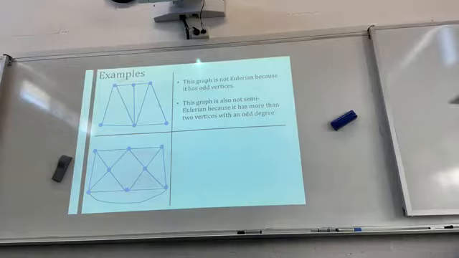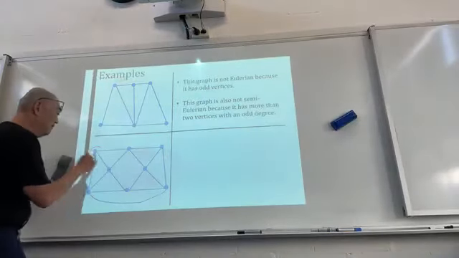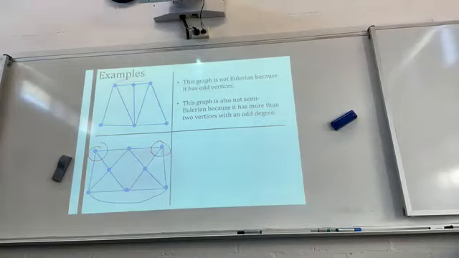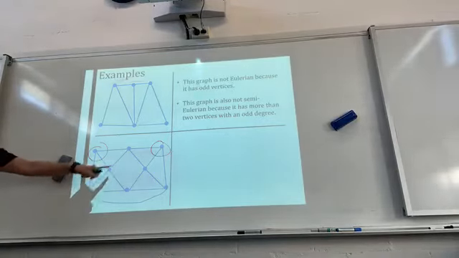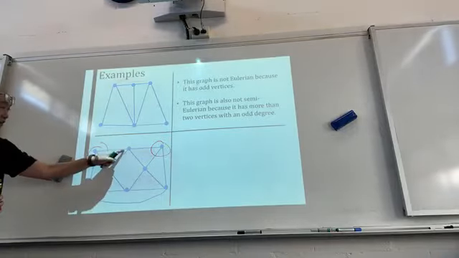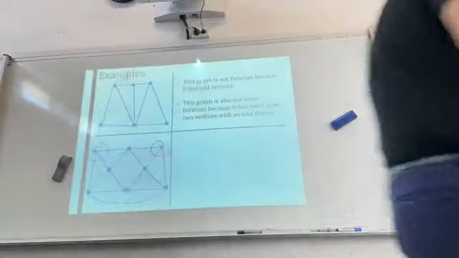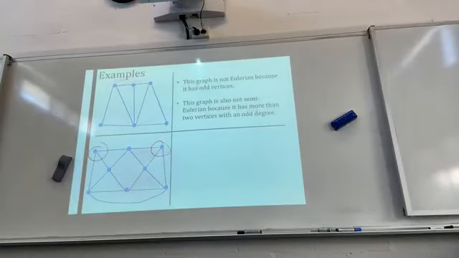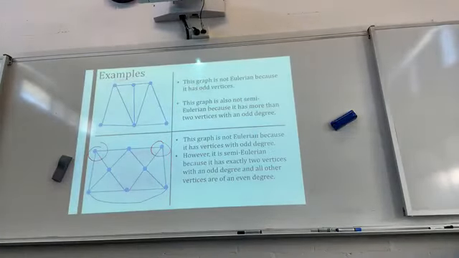These 2, correct? Yeah? So you've got 2 odd vertices. Anyone else? No, this is 4. This is 4. 4, 4, and 4. So you should be able to traverse each edge from one of the odd vertices to the other. Alright? It is not Eulerian, however, it is semi-Eulerian because it has exactly 2 vertices with odd degree and all other vertices are of even degree.